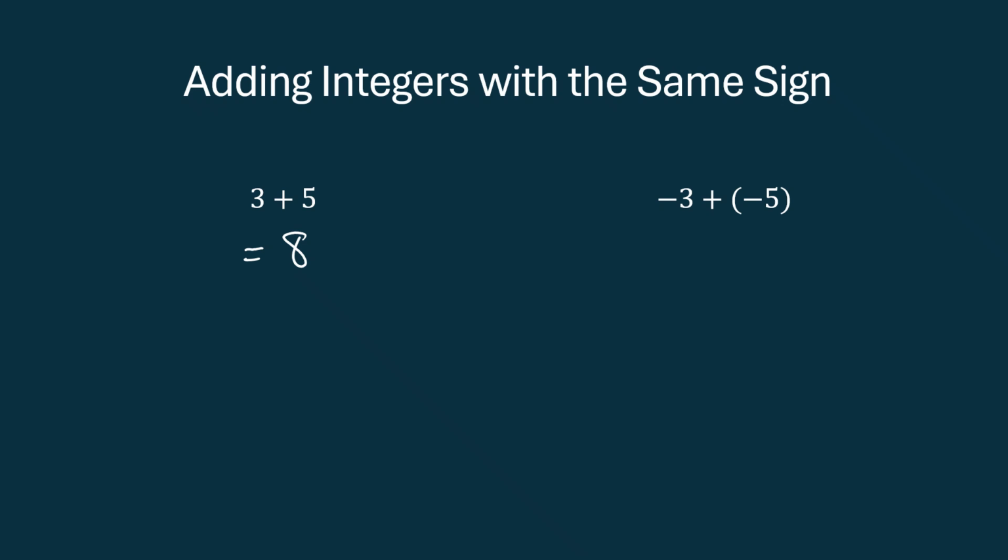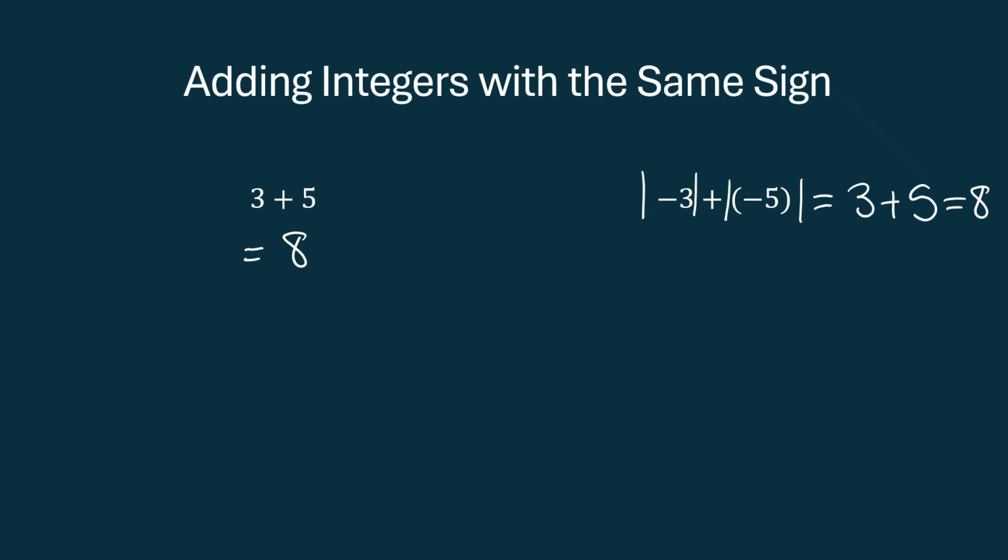When we're adding negative numbers together, your first step is actually taking the absolute value of both of the integers and adding those together. So the absolute value of negative 3 plus the absolute value of negative 5 is equal to 3 plus 5, because the absolute value just makes the numbers positive, and we know this to be 8.